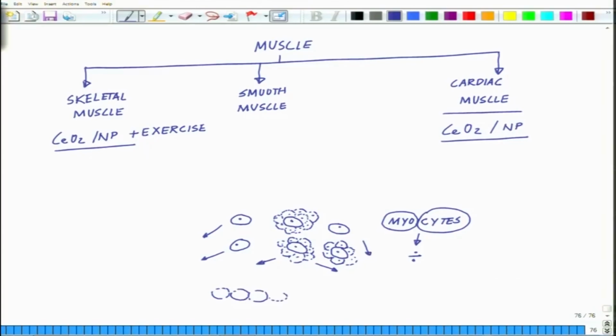This is very essential for you to understand, because for all the reference papers I will be giving, unless you understand this process, you won't be able to appreciate how those muscles are formed. That is the reason we are taking this special fragment of our course to talk about muscle development. These are long, linear arrangements.